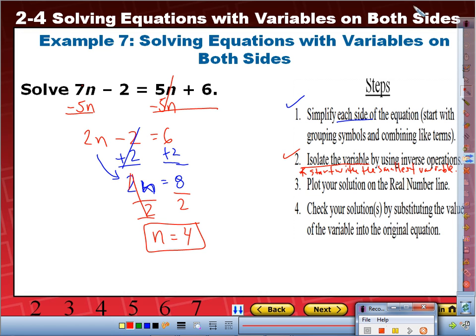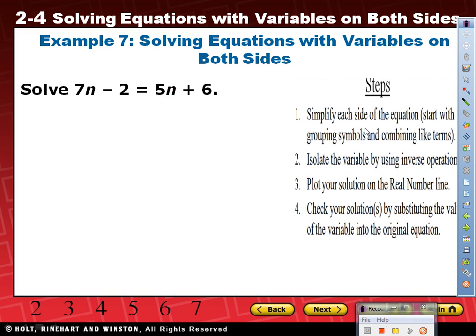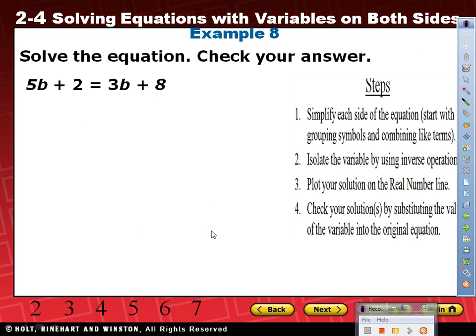All right, so on the right-hand side, copy this next one. Copy that one, please, and do that one by yourself. Solve the equation 5b plus 2 equals 3b plus 8. So here goes the process.